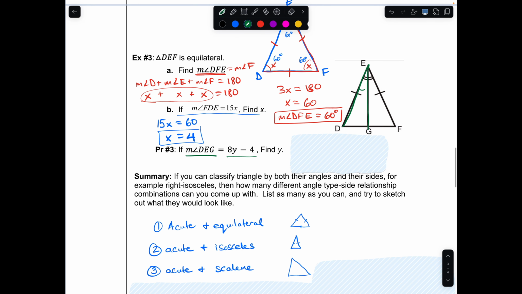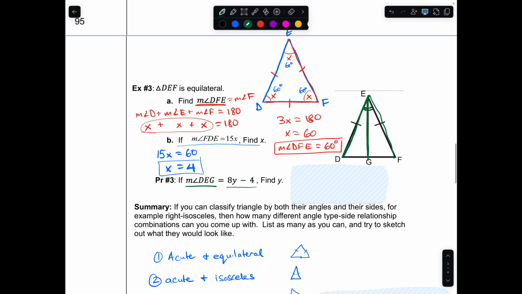Well, because EG is the angle bisector, in fact, these are already marked. So it's cutting angle DEF in half. So we have this 60-degree angle here at the top. That means each of these should be 30 because we cut the angle in half, right?